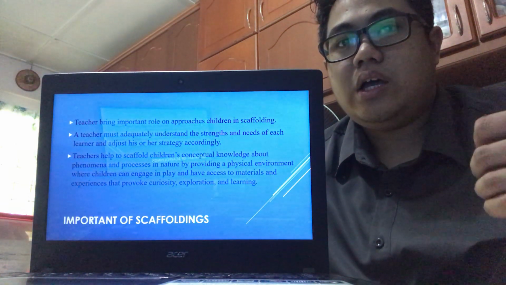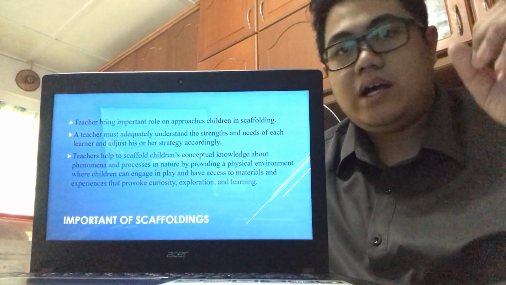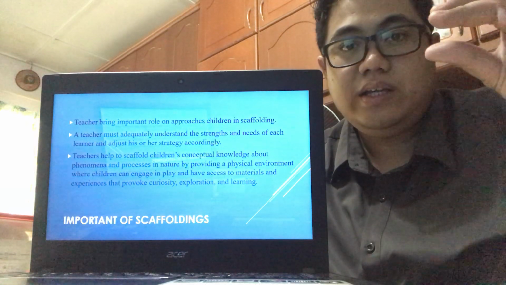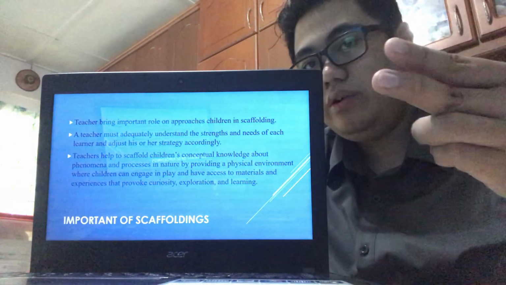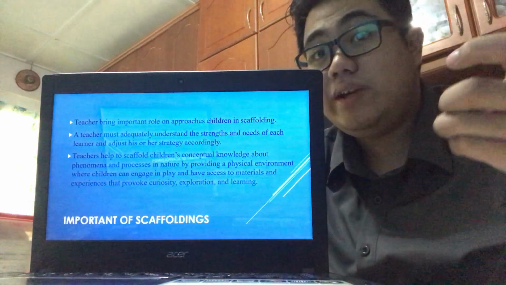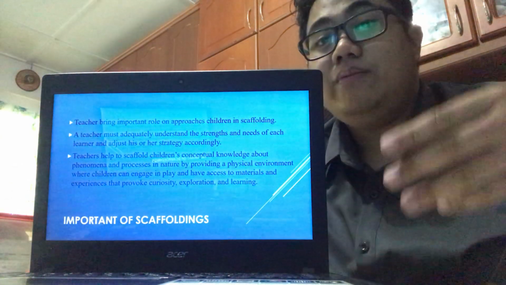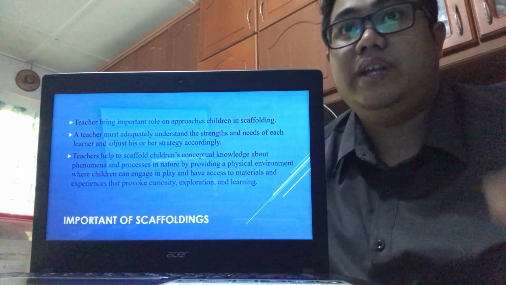During scaffolding we will find out which type these children are. For example, we have three types: the slow learner, the second one is the normal one, and the third one is the fast learner. So we can identify the level through scaffolding.